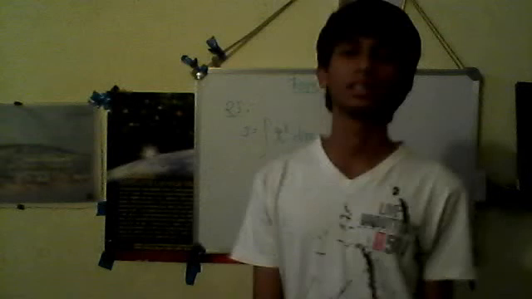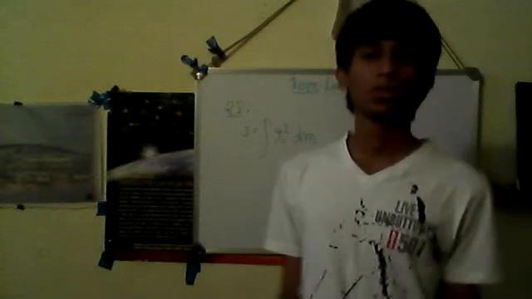Again, dm is the differential mass element, because the individual particles are so small compared to the mass of the system itself. So I is equal to the integral of r squared dm. That gives you the rotational inertia.